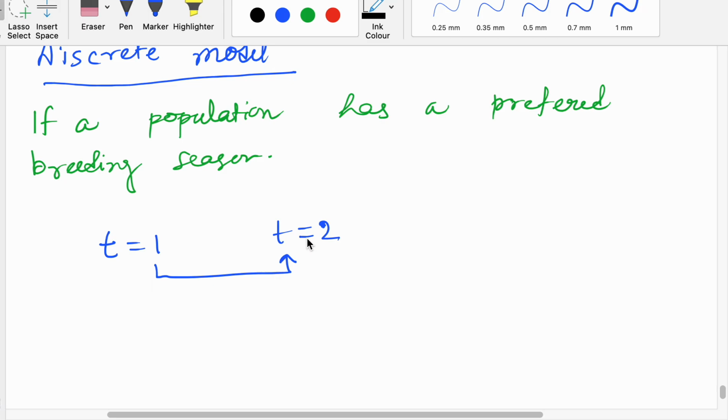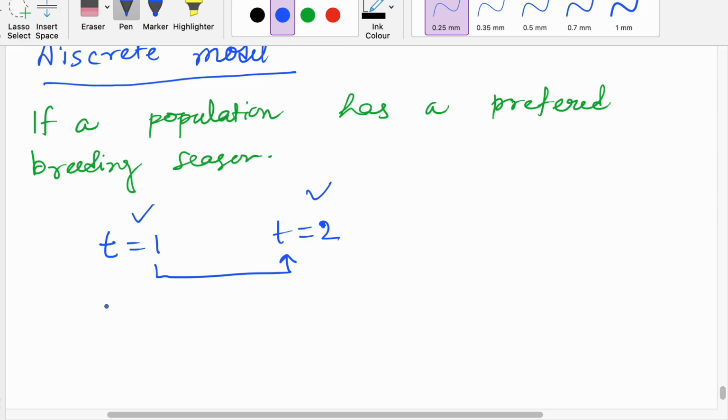We will see a constant number of individuals in the population. So before the second generation is born we will see no change in the population.